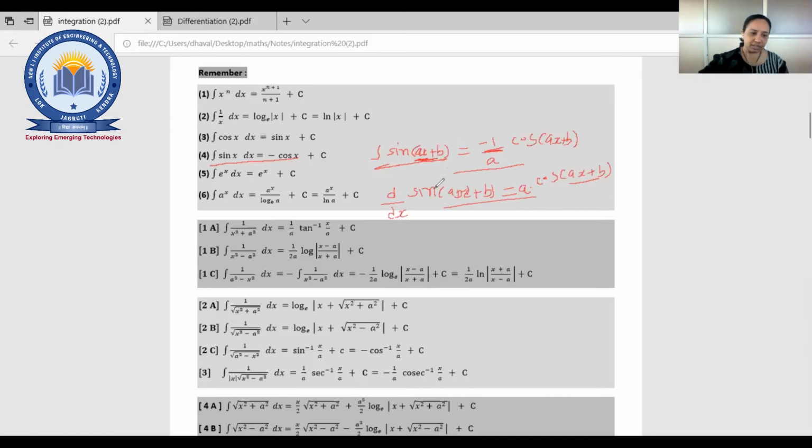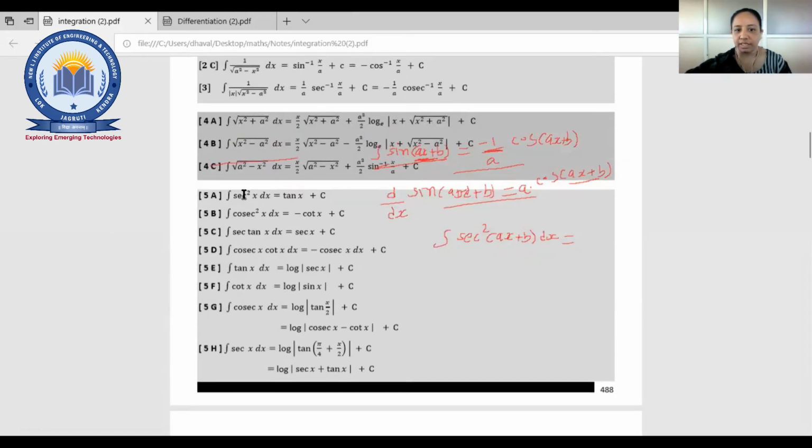Suppose you are having integration of sec square ax plus b dx. How are you going to do this? Because we know the integration of sec square x is tan x. I'll just scroll down so you can see. Here it is, sec square x dx, so it is tan x.